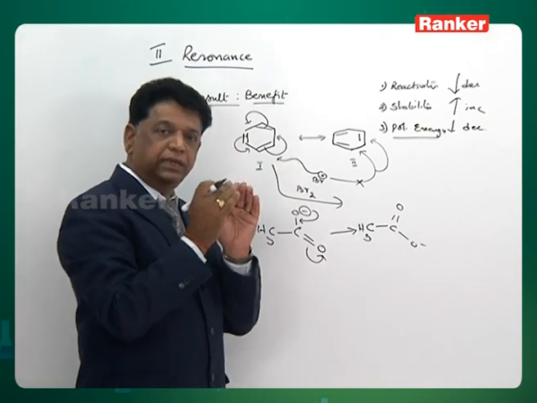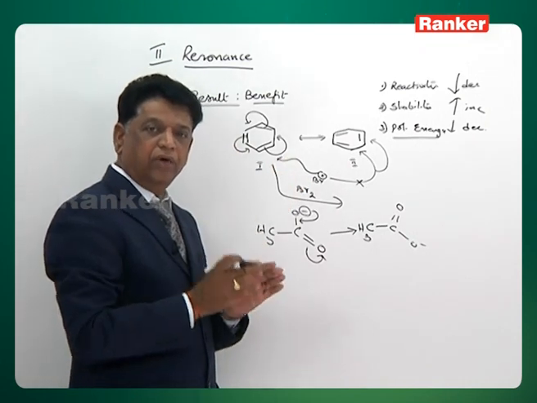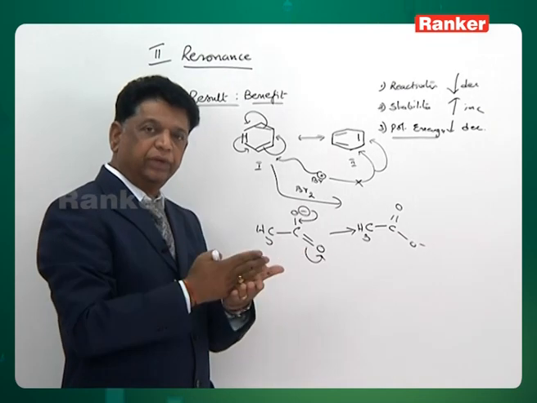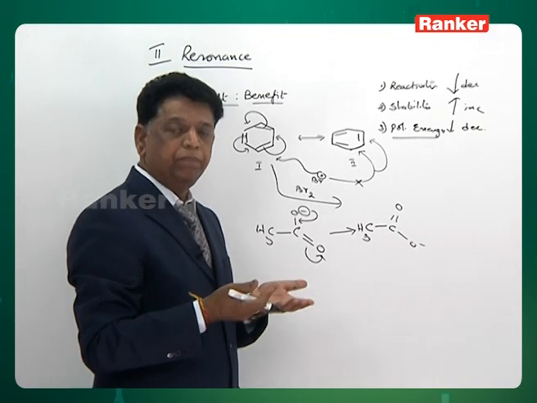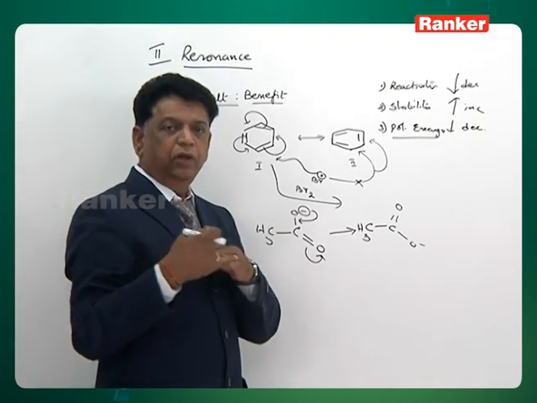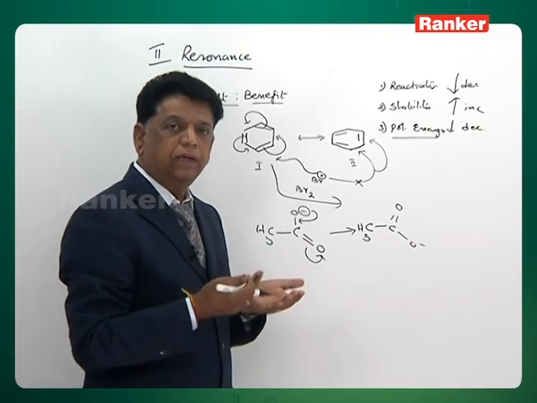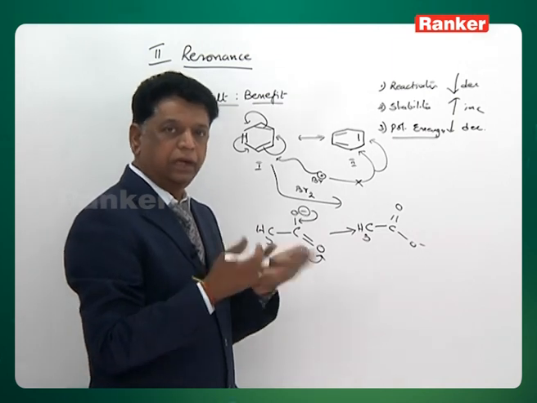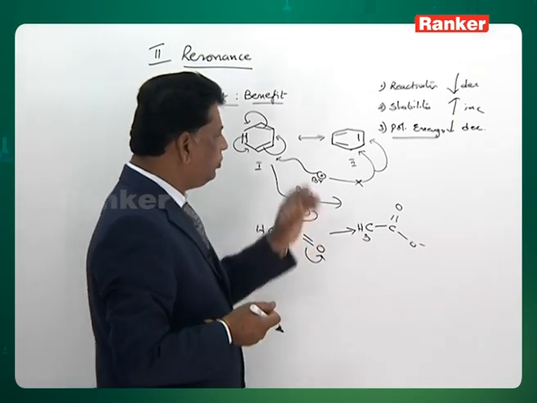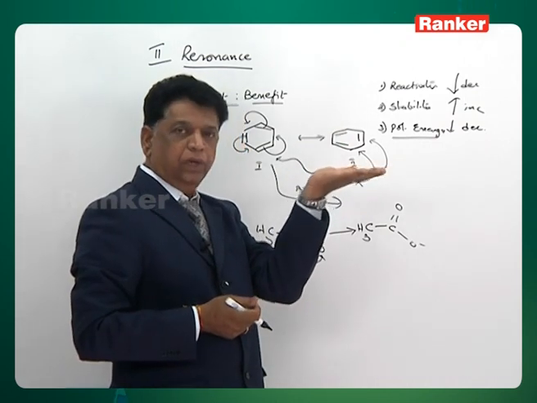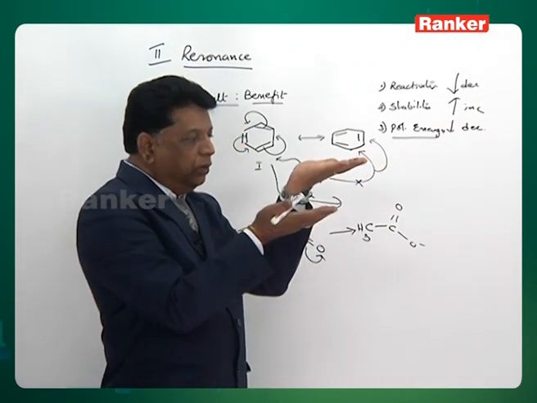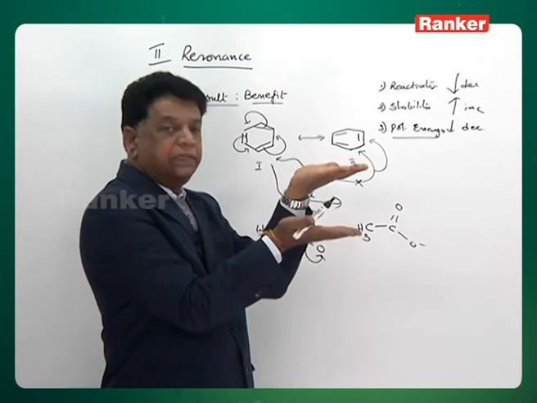So in that system energy is released, and it is called bond formation energy. The same energy, if you give, opens the bond, and you will get the bond dissociation energy, which is required. The bond energy is released when formed, and you have to give it to break the bond, called bond dissociation energy, which are nothing but the same amount. So here also, whenever a no-resonance molecule undergoes resonance, its potential energy decreases.